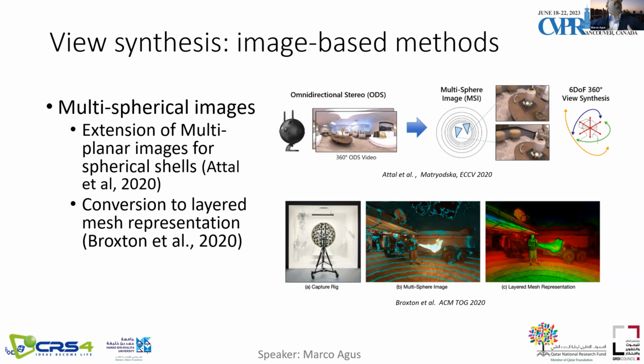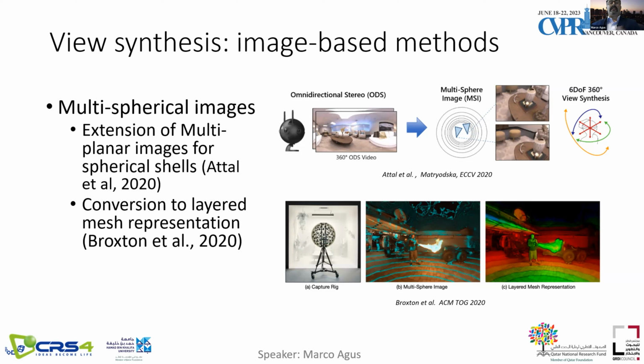So most of current methods try to address this problem, and they try to provide solutions that enable the users to perform 6 degrees of freedom interaction with the scene. And these solutions employ methods called the multi-spherical image. So they represent the scene as concentric spherical shells with different depth information.